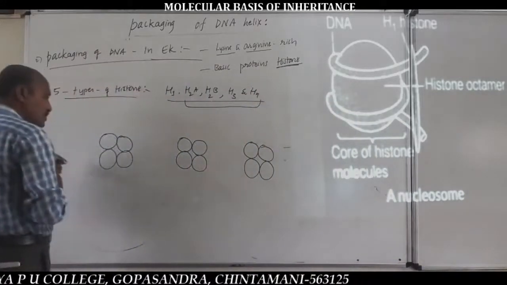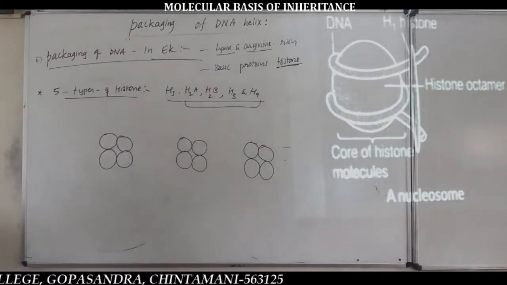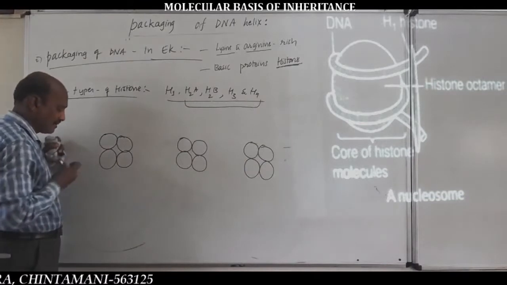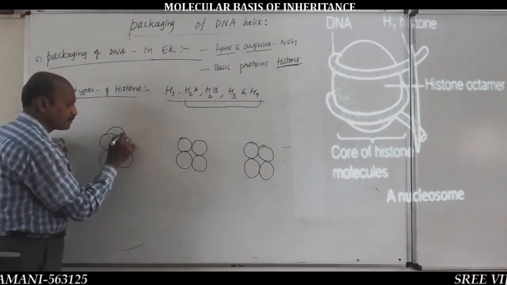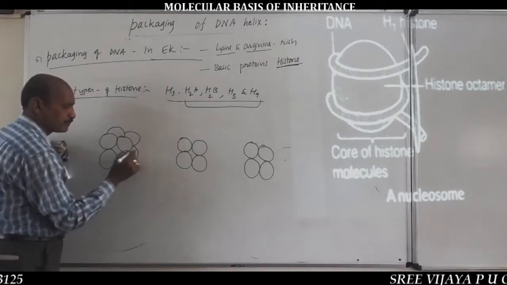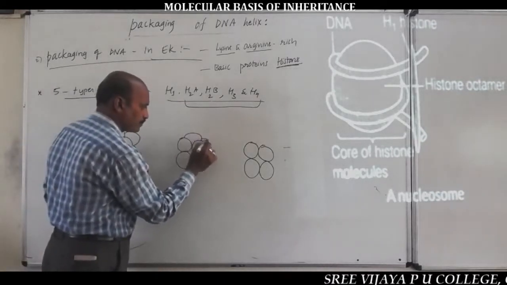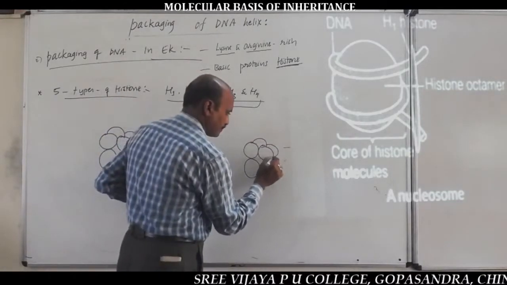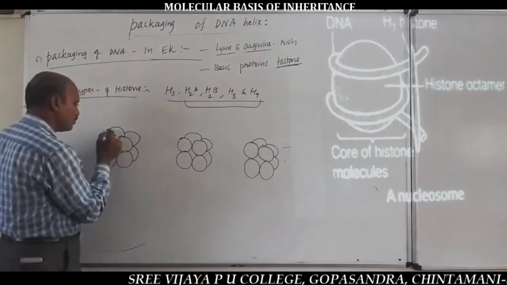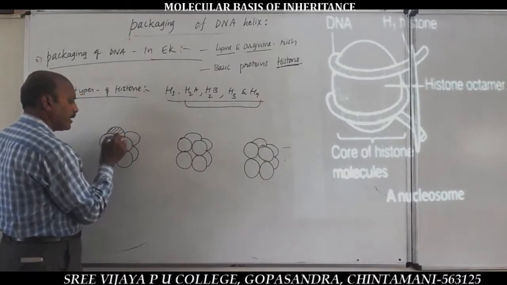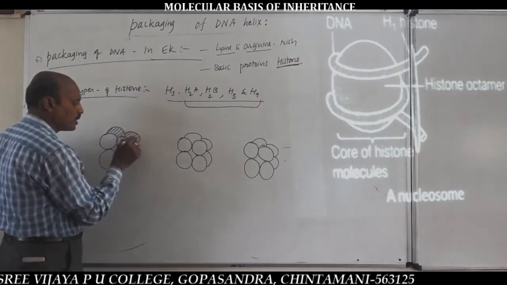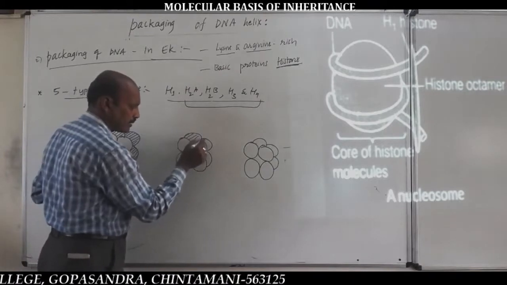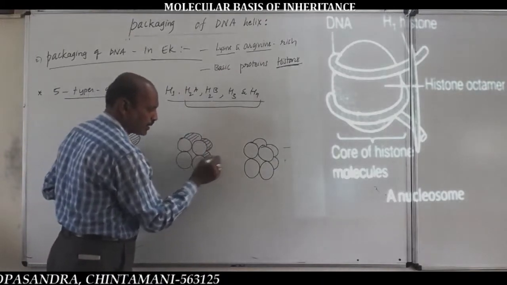Listen here. This is one simple diagram of the arrangement of histone proteins. These histone proteins are arranged one after the other in the form of a spherical ball-like structure.